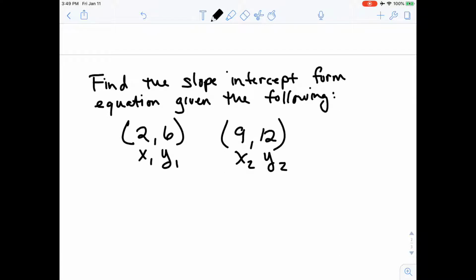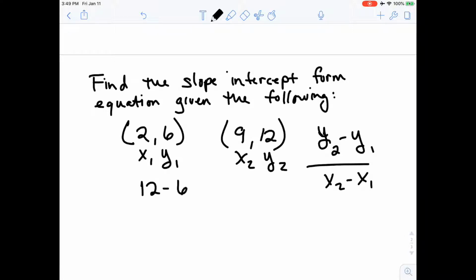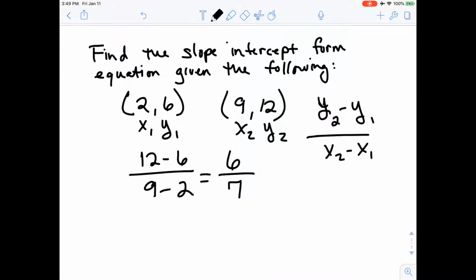Remember from the last video, that was y2 minus y1 over x2 minus x1. So we have our labels, have our equation, let's plug in. You say 12 minus 6 over 9 minus 2. 12 minus 6 is 6, 9 minus 2 is 7. So our slope is 6/7.